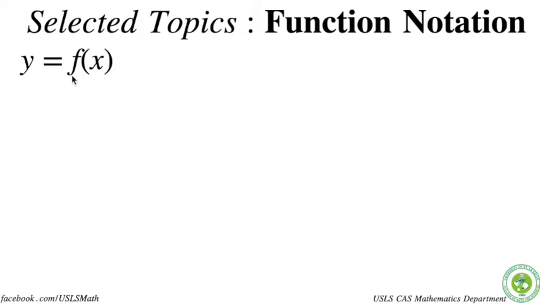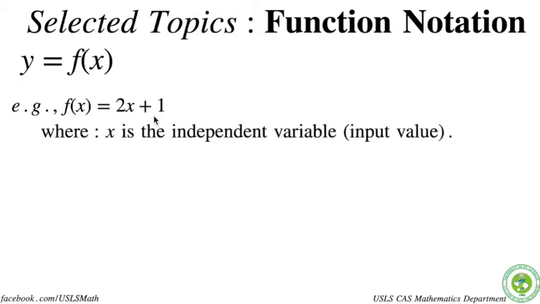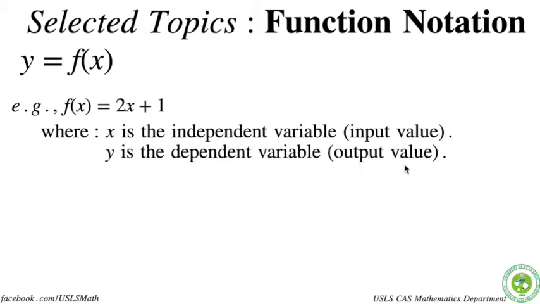So if we're using equations to represent functions, such as this one, we can state that f of x is equal to 2x plus 1, where x is the independent variable, our input value. It's called independent because that is where we substitute values. Our y, or f of x, is the dependent variable, our output value. Why is it called dependent?